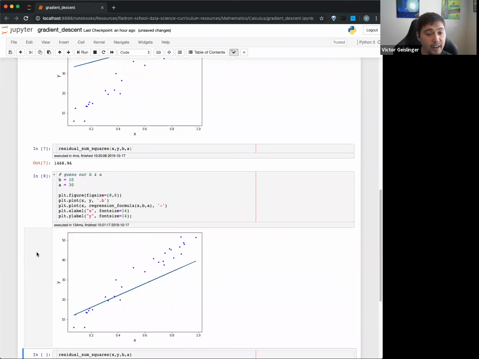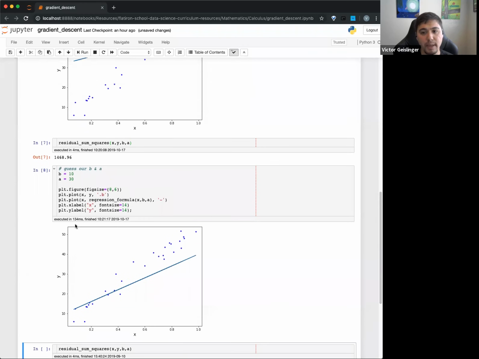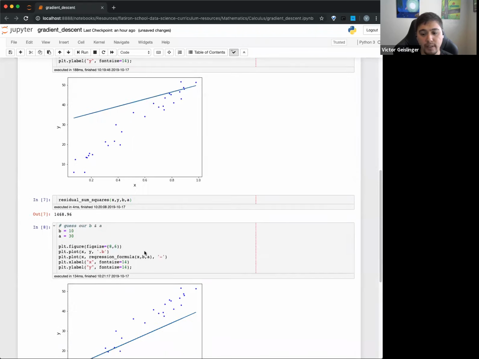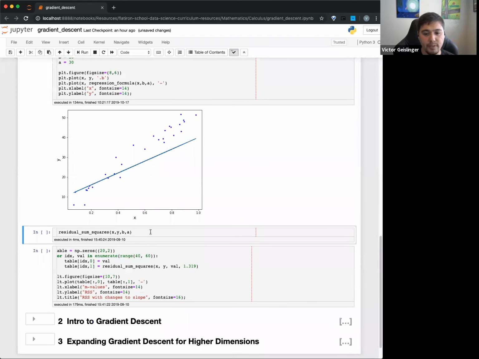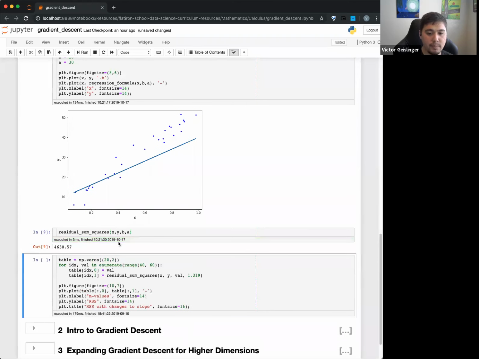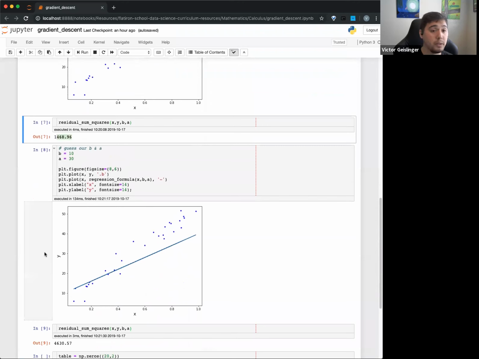And you can see here, okay, not bad. It probably looks a little bit better. I would argue it looks pretty good. You can see it goes through most of it, but it dips down a little bit too low. And we do these numbers here, residual squares, and you can see this number, 4,630, is actually bigger. So I guess we're a little bit worse in this case.